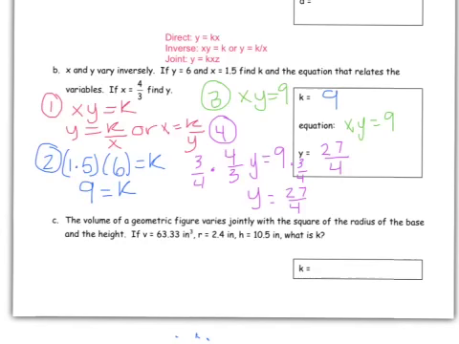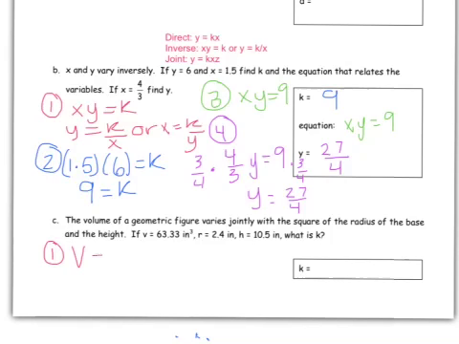Okay, the last problem is a little bit different. It's more of a challenge to set up, but they're asking you to find less things. So it says the volume of a geometric figure varies jointly with the square of the radius of the base and the height. Okay, so the hard part about this one is setting up the equation. The volume is what's doing the varying.